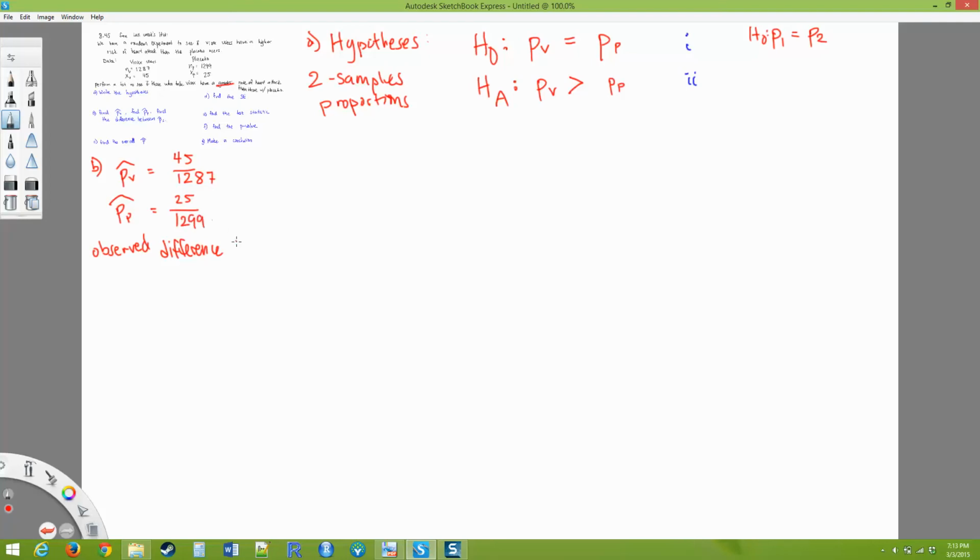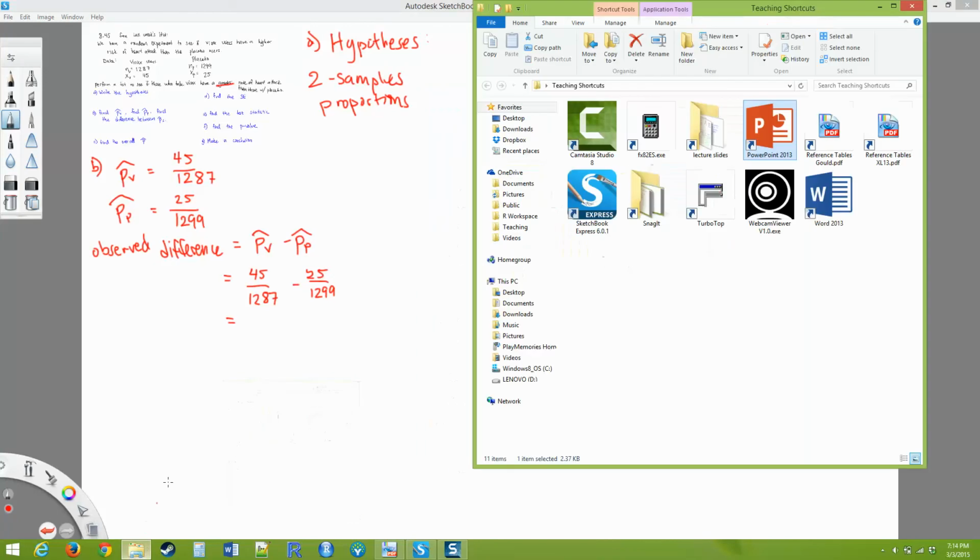Okay, and then the difference is going to be P Vioxx minus P placebo. Okay, and so we're going to have all sorts of fractions and decimals here.